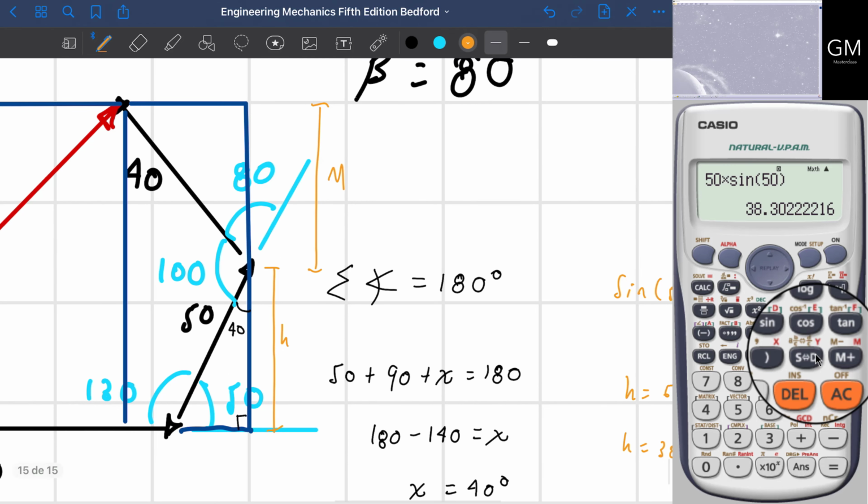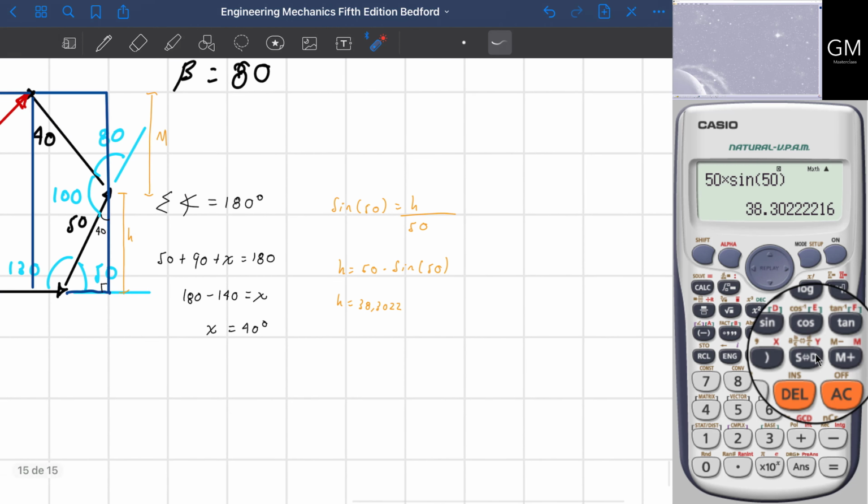In this case I have this measure 100. Okay, right here I have these two measures, and I know that the whole measure has to be 180.